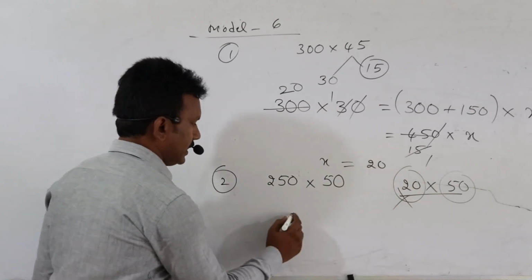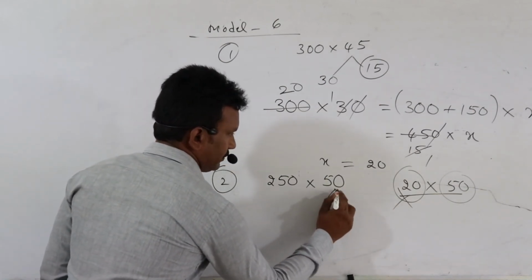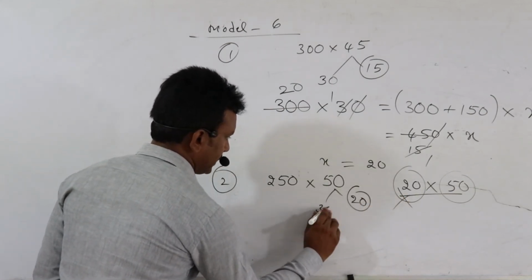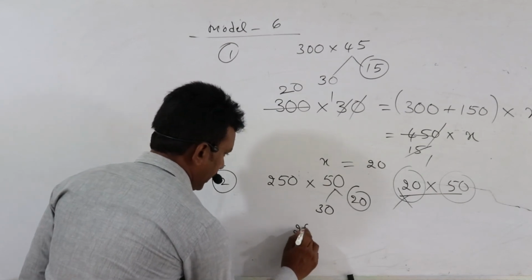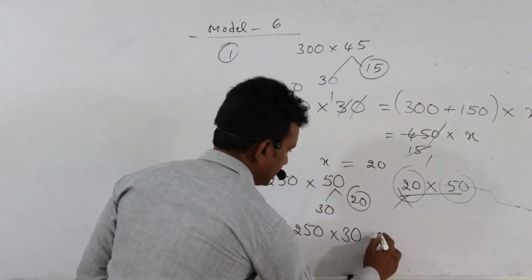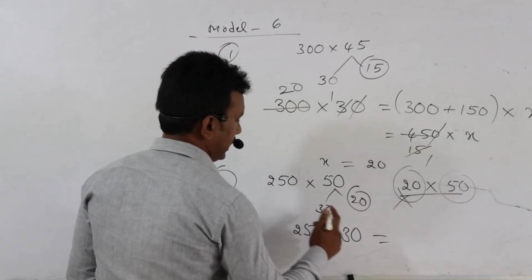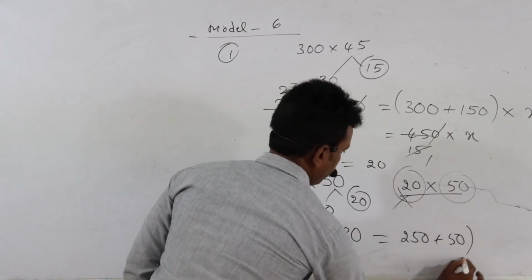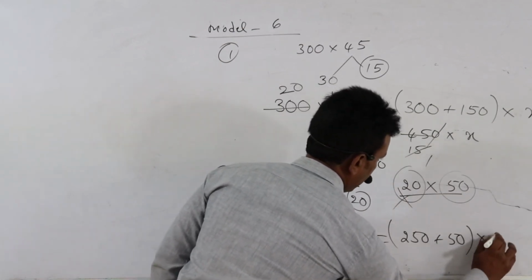So clearly we write, 20 days are gone out of 50, so 30 days are left. So 250 members, 30 days of food item, so we write new members, 250 plus 50 members, how long will it last now?